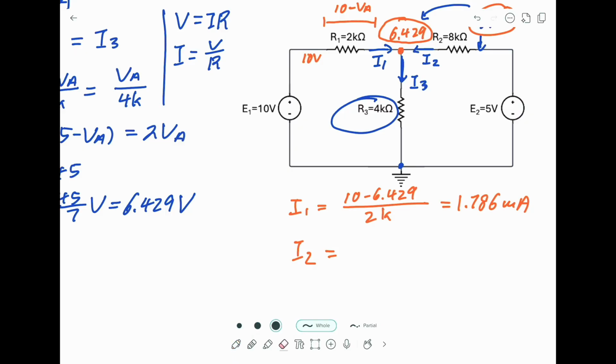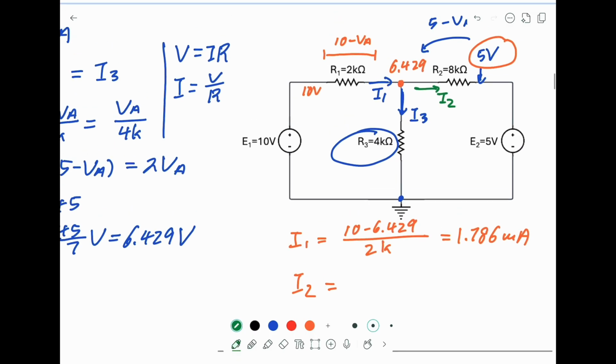I2 should be drawn in this direction, after we find the potential. So this becomes 6.429 minus 5 divided by 8K, and we have 0.179 milliamp.